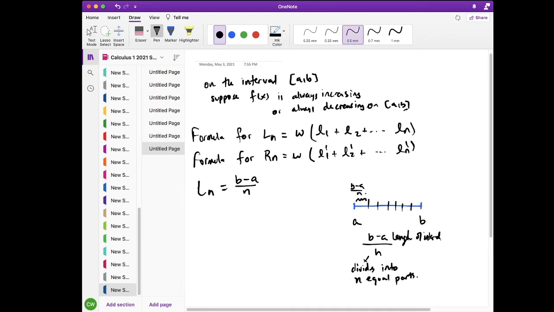So on an arbitrary interval AB, which is your first length interval? Or what's your first length of your rectangle?